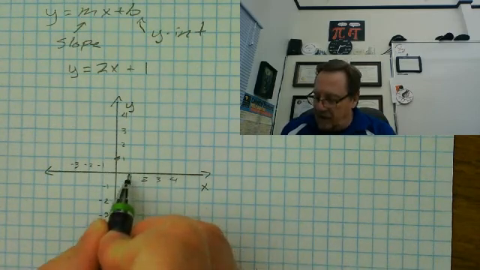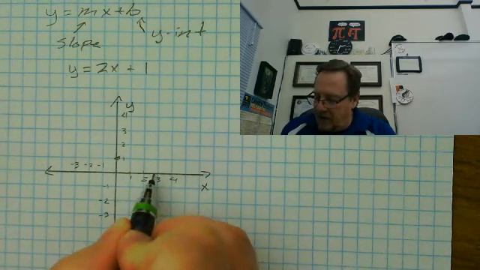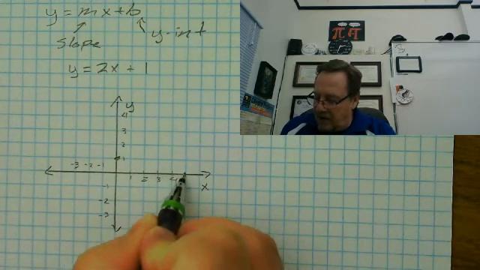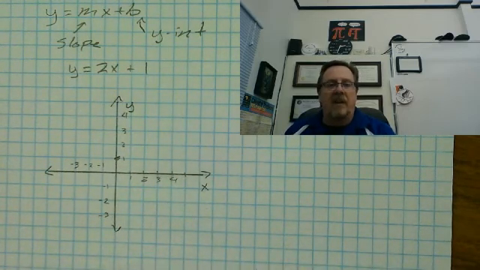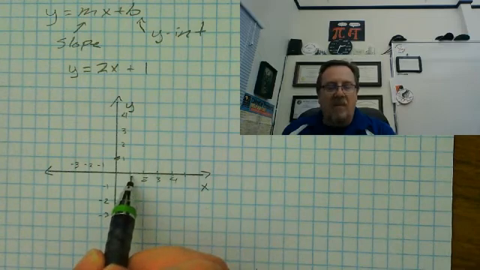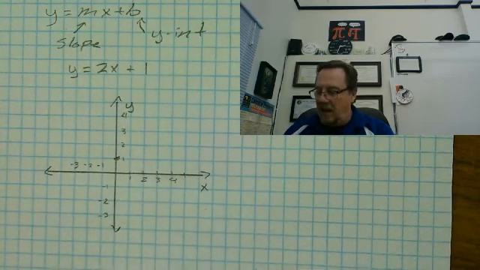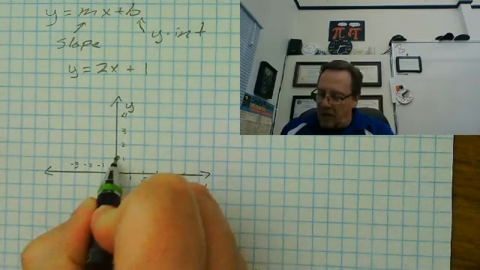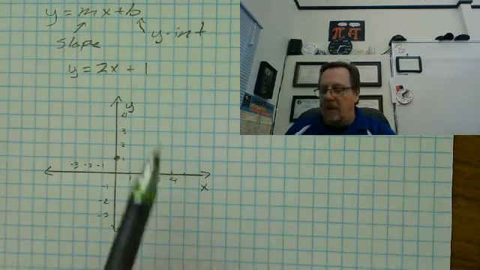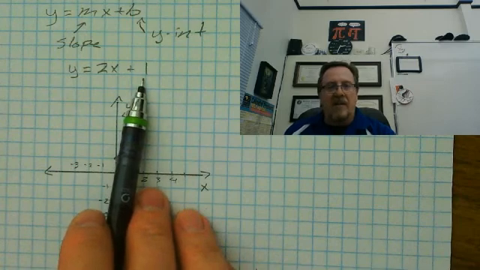And I'm labeling, when I put these numbers on there, representing those places on the number line, right? That's where 1 lives on the x number line. And we've plotted where 1 lives on the y number line, because this number, b, always tells you where it crosses the y-axis.